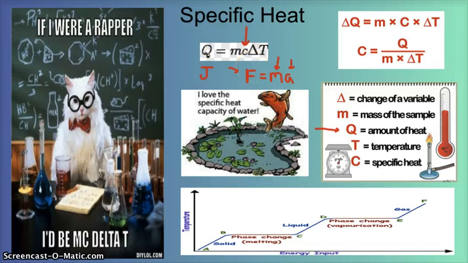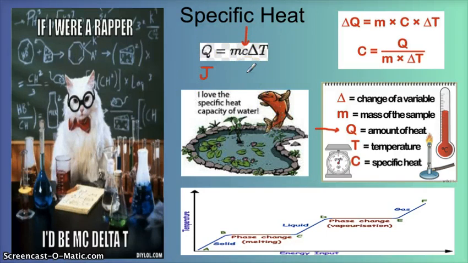You may remember that we talked a lot about the principle of that formula before we even put any numbers in there. Kind of the same thing here with this specific heat formula. This is just as much for the principle of the whole thing as it is for putting numbers in. Sure, at the end of this video, we're going to put some numbers in and find how much heat we're producing and what the specific heat is.